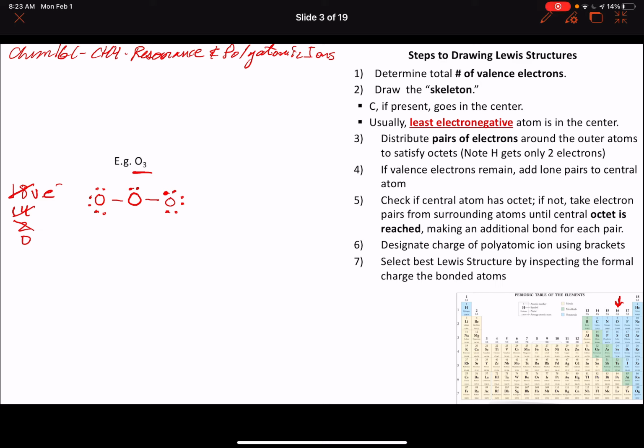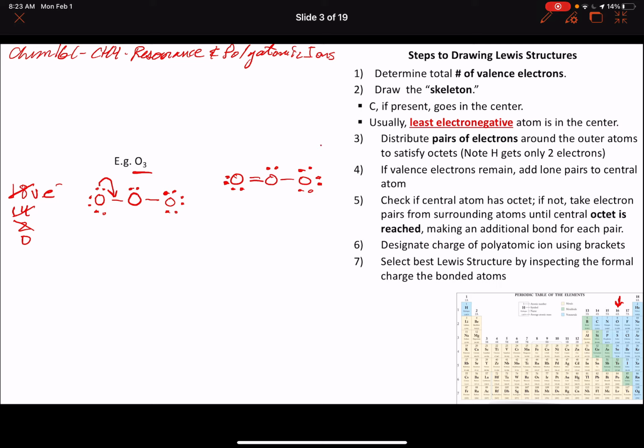a 50-50 chance that some of you would have chosen the option at right, and the others would have chosen the option at left. And we'll see that both are correct in that if we simply borrow a pair of electrons here to establish a double bond, we have the option of a double bond at left, as such.